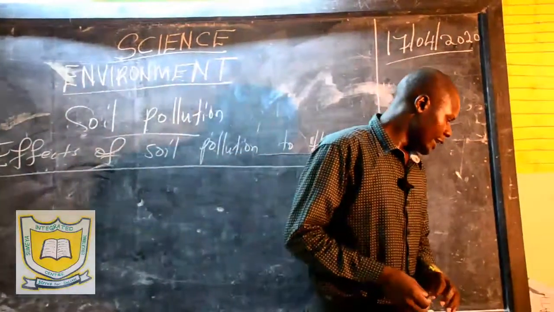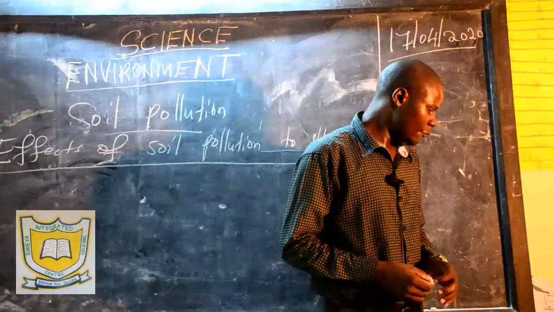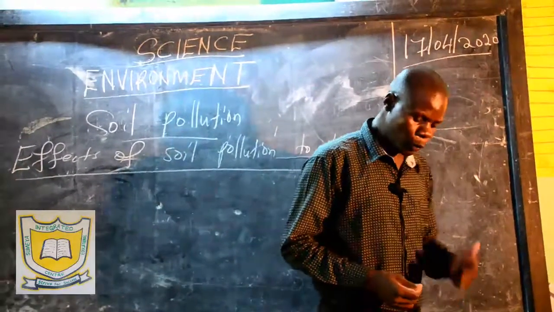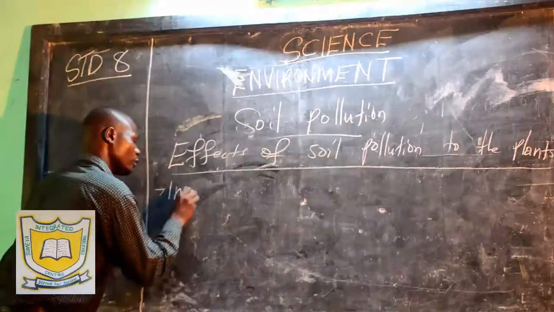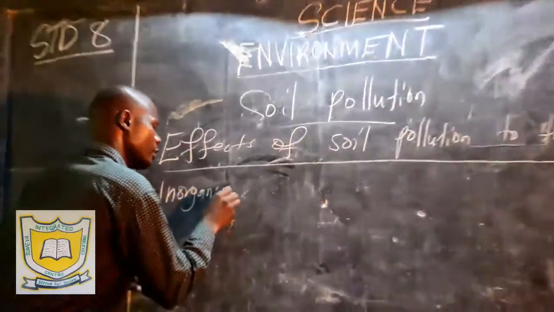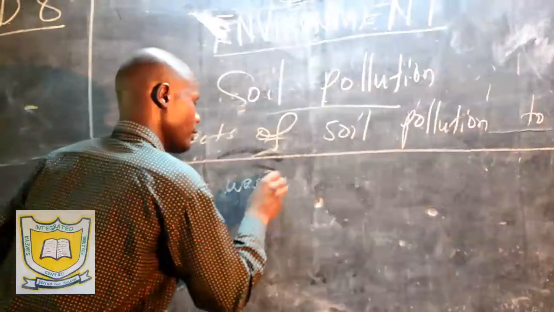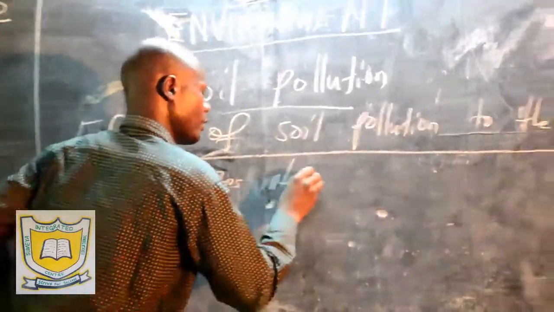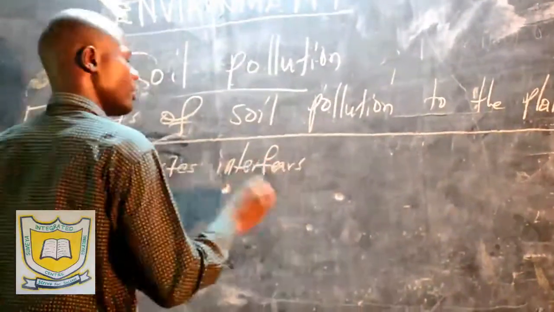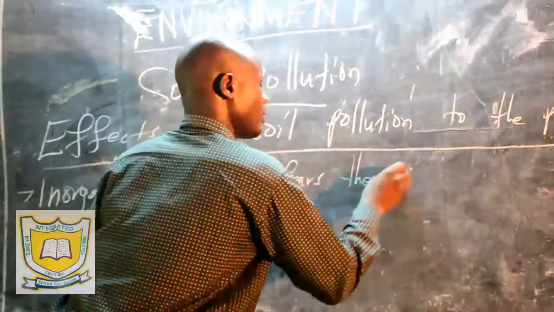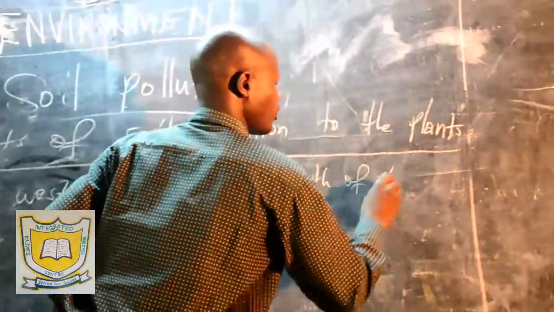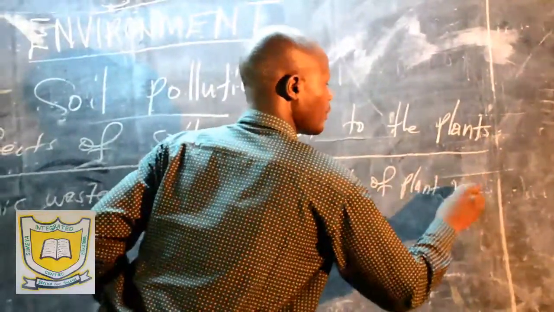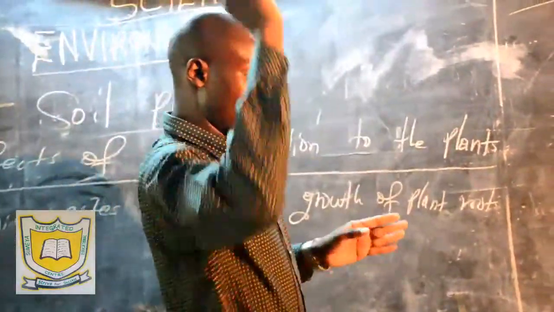Now, one, inorganic waste interferes with growth of roots. That is the first one.